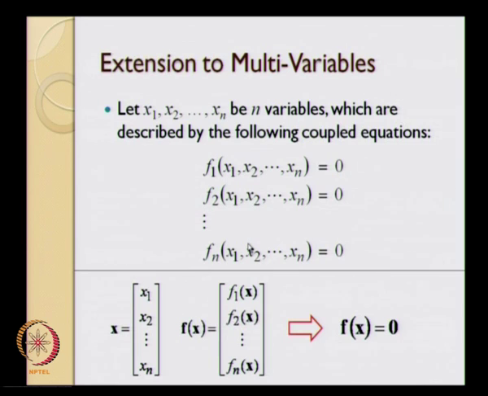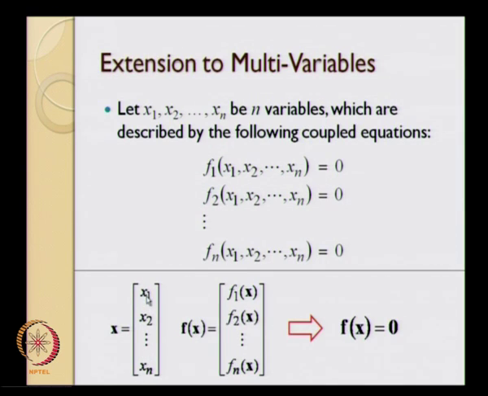And we will use a vectorial notation for a multidimensional system, very similar to what we did in module 3. Our x bar, or in this case I have used a bold-faced x, is going to be x1, x2 up to xn.